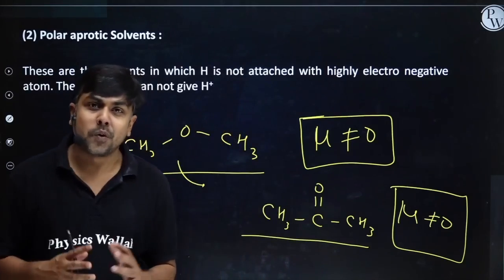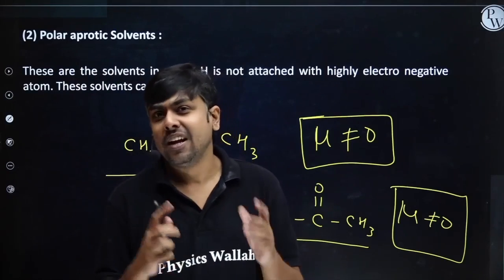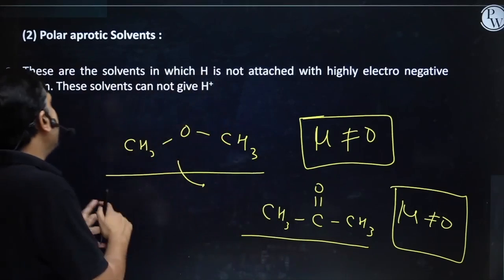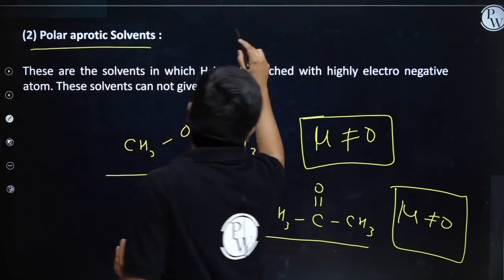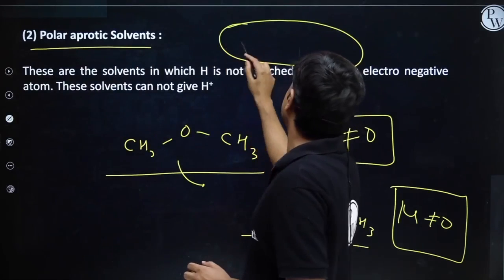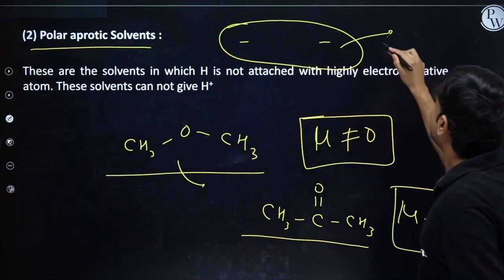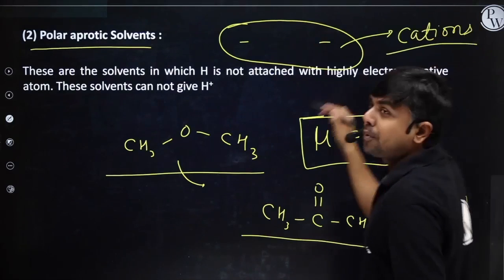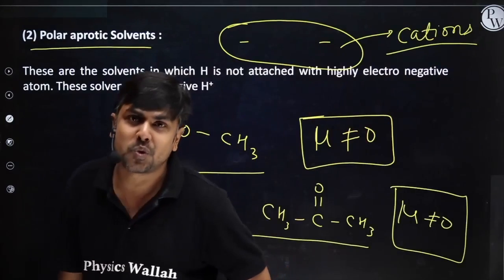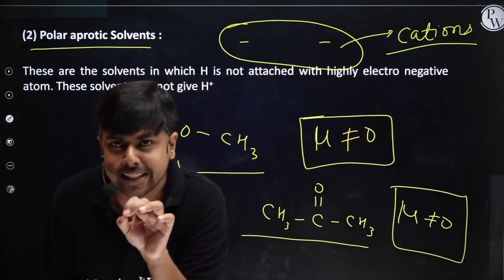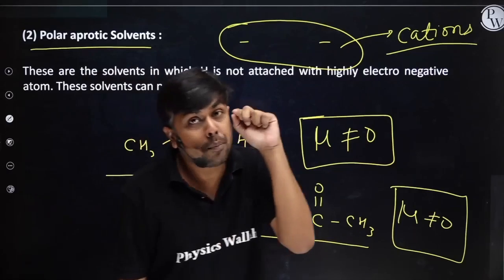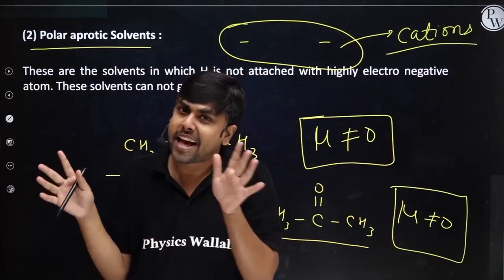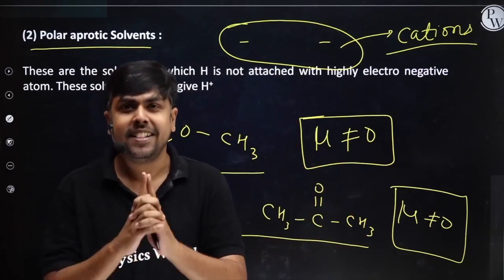Students, since they don't have any acidic hydrogen, they don't liberate H plus in the solution. Polar aprotic solvent mainly acts as a negatively charged sphere. So they have a tendency to solvate cations only. These polar aprotic solvents are used to solvate cations mainly. Am I clear? Whereas polar protic solvent can solvate cation as well as anion. Am I clear? Let's move ahead.